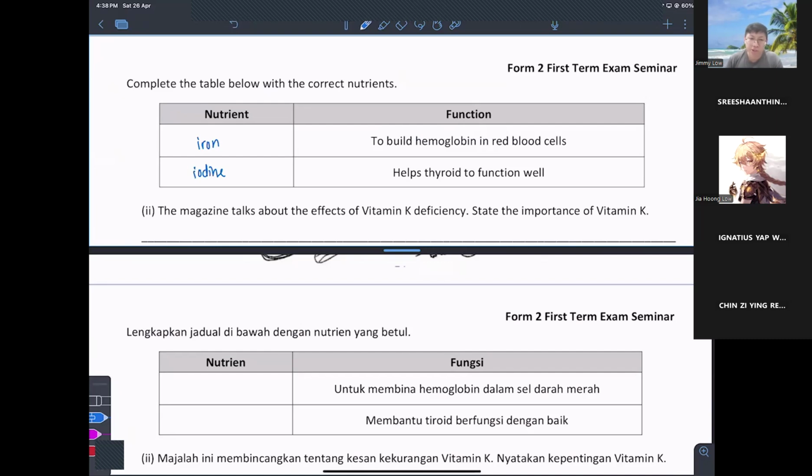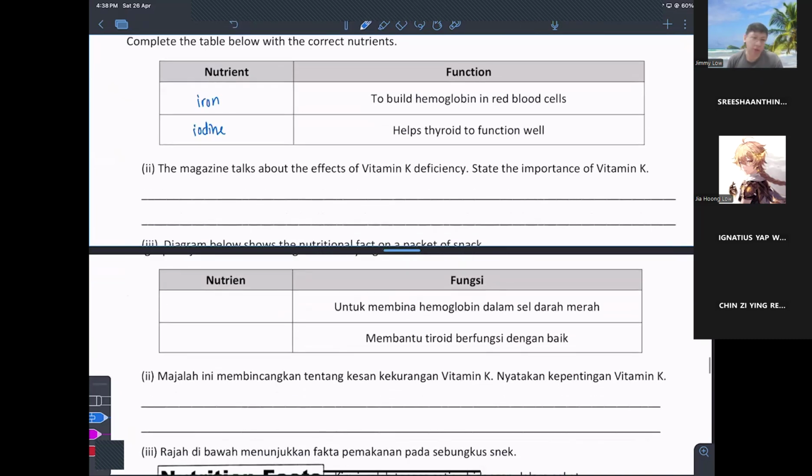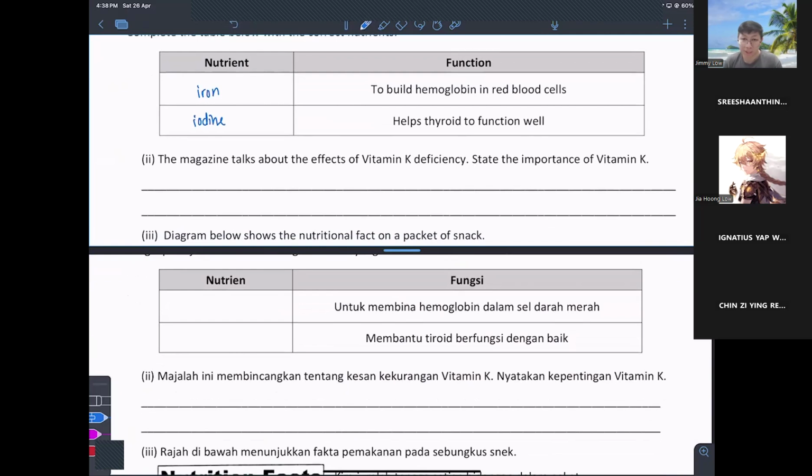So when the question, the magazine, also talks about the effect of vitamin K deficiency, what is the importance of vitamin K? That's why in food class you cannot skip any one of them, which means all the vitamins, all the minerals like potassium, sodium, calcium, iron.